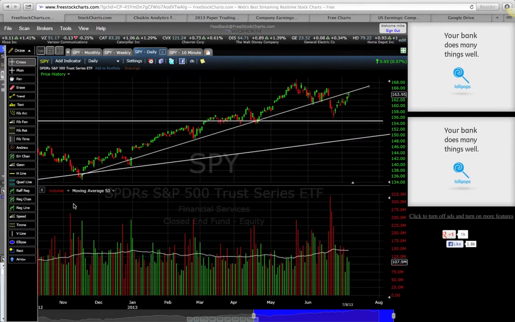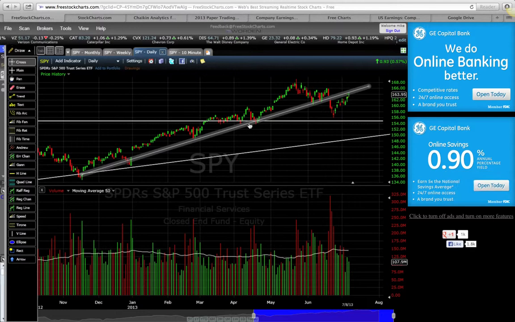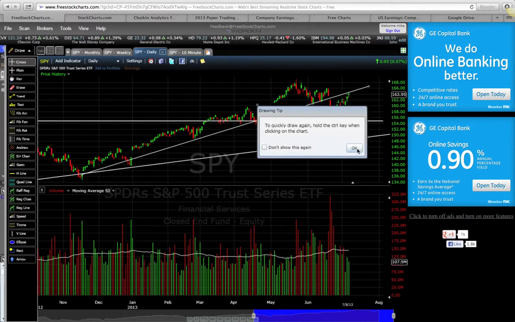Since the November lows, we've been following this trajectory. We broke down through this trajectory on very high volume, and we have since retraced quite dramatically on lower than average volume. But we're kind of back through a really important horizontal support line. If I can draw it.